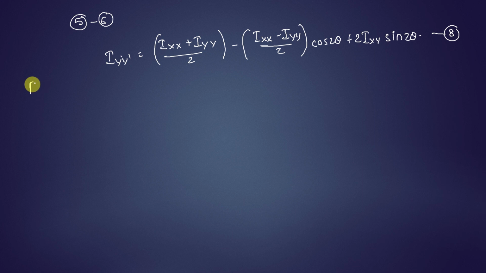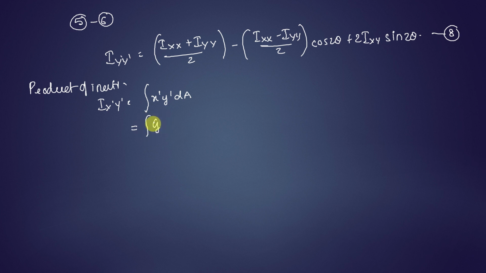Now the product of inertia we have to find out. Product of inertia, that is Ix'y', is equal to the integral of x'y' dA. What is x' as given in the question? As we have found, y sin theta plus x cos theta, into y cos theta minus x sin theta, into dA, right? Ultimately we get the value.